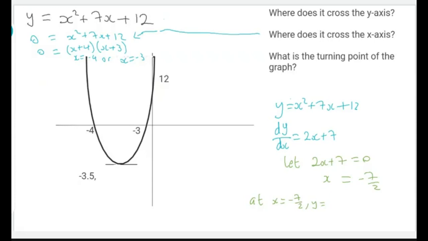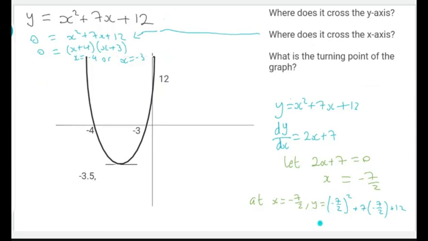Is it minus? I got minus 0.25. Minus 0.25. Okay, let's just double check. So we've got y equals, I guess it's just checking that we've got it all good on the calculator. So plus 7 lots of minus 7 over 2 plus 12. Did you put it in the calculator? Yeah. Okay, cool.